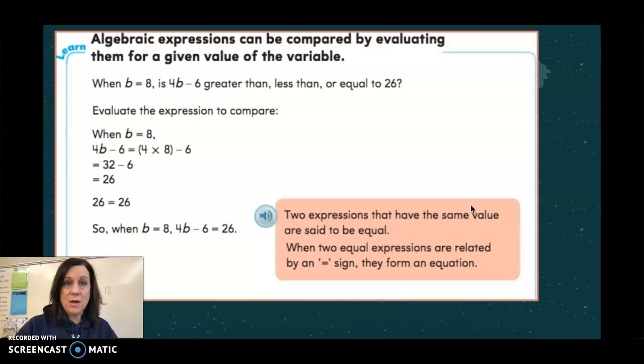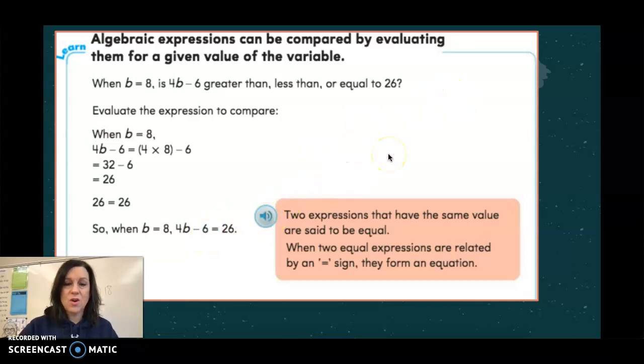So when b equals 8, 4b minus 6 equals 4 times 8 minus 6. Well, we know 4 times 8 is 32. 32 minus 6 is 26. Guess what? They're equal. So 26 is equal to 26. So then, when b is equal to 8, 4b minus 6 is 26.